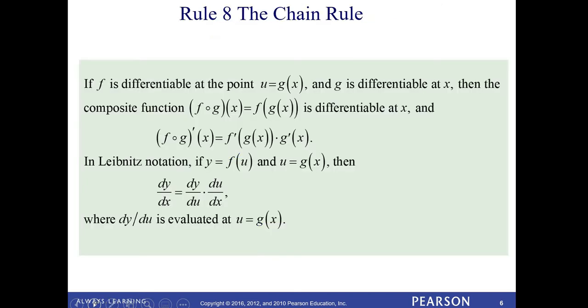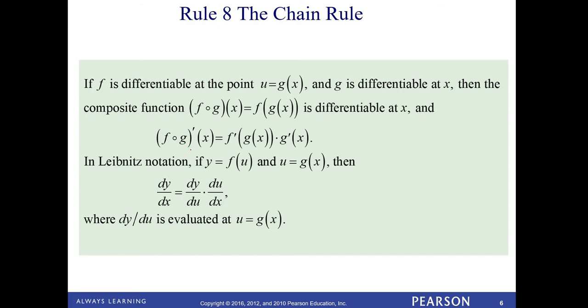Okay, the chain rule. So write this down and then I'm going to go through it. If f is differentiable at the point u, which is equal to g of x, and if g is differentiable at x, then the composite function f of g of x, written both ways, is also differentiable at x.